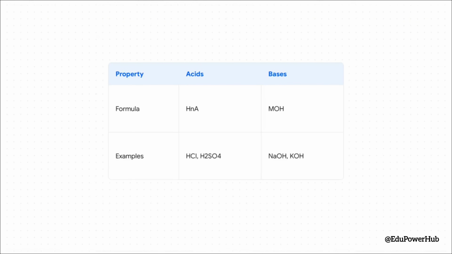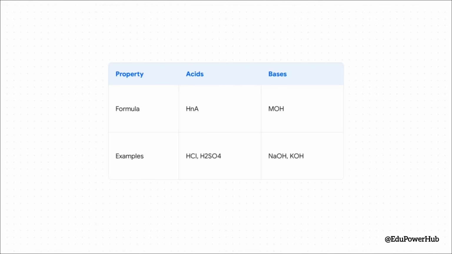Now, what's really fascinating is how you can spot these rivals just by looking at their chemical DNA. Take a look at the general formula for acids. You see that H for hydrogen right at the front? Like in hydrochloric acid, HCl, or sulfuric acid, H2SO4. That's hydrogen taking the lead.